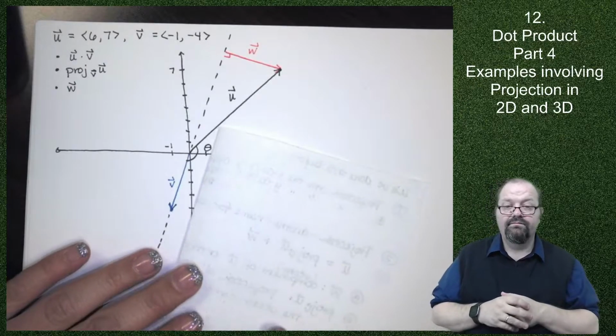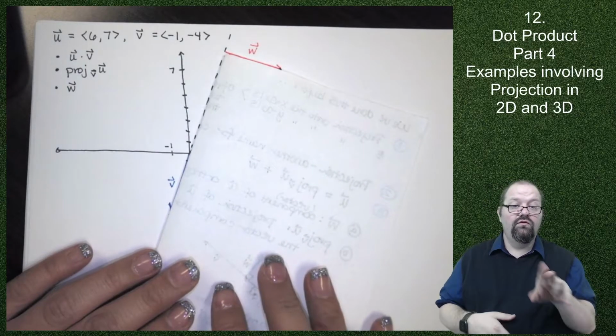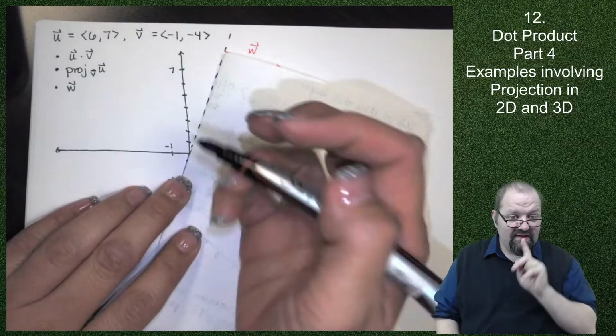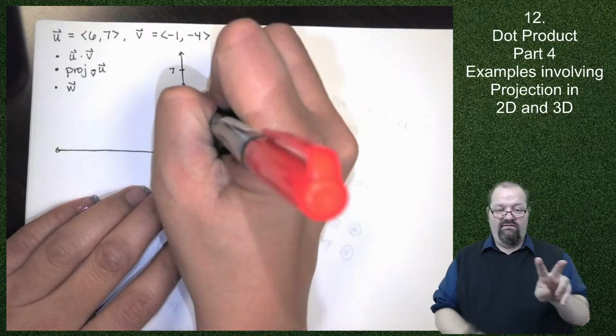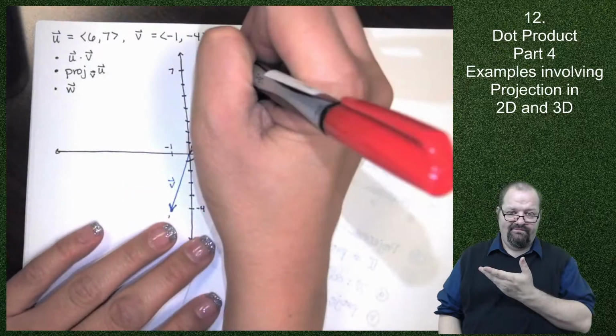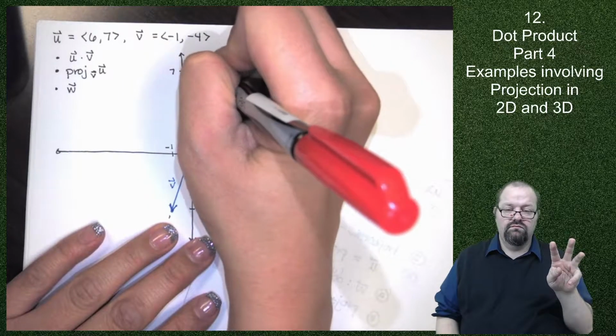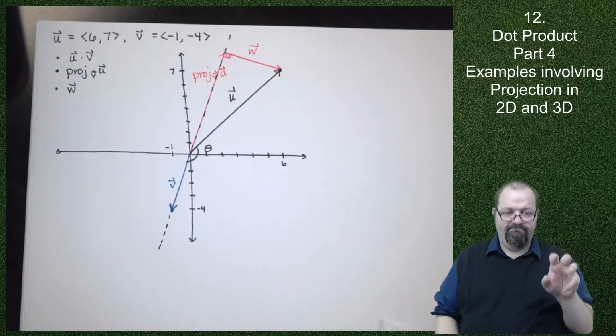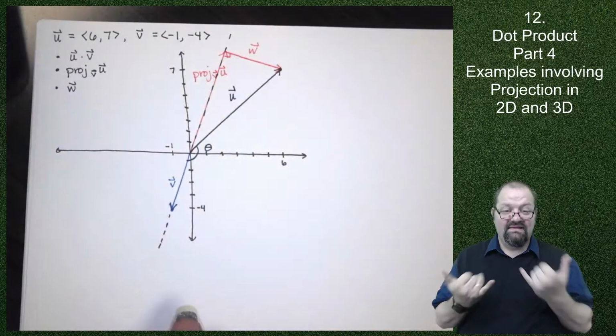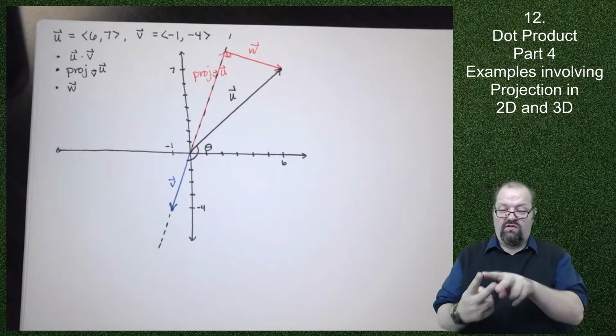And the part of u that goes in the same direction as v, that's the projection of u onto v. It's the part that meets w. Okay, so now I just want to find those two. I want to find the dot product.